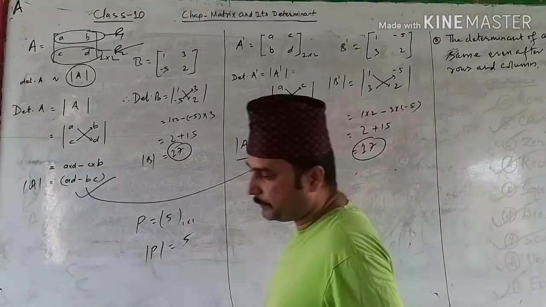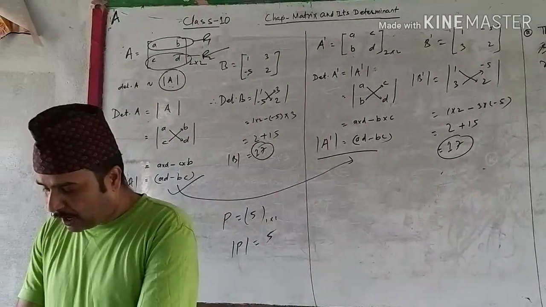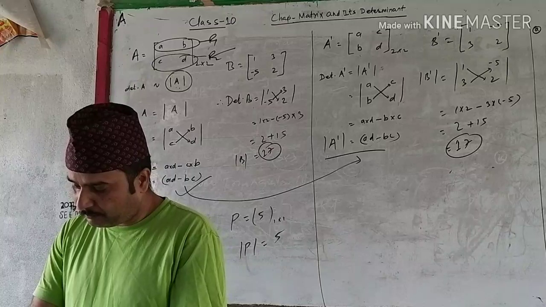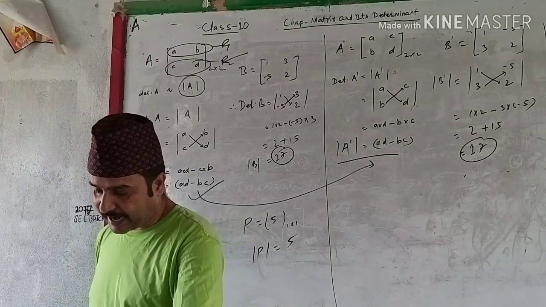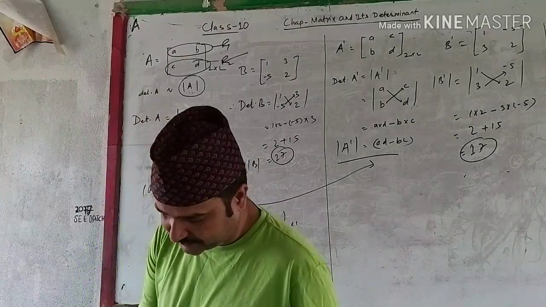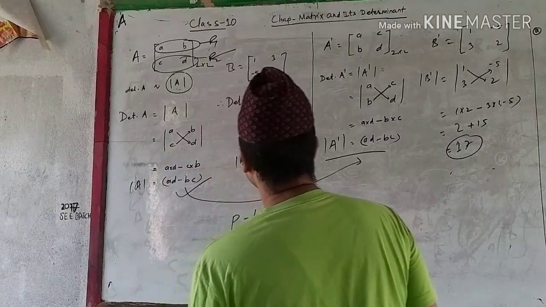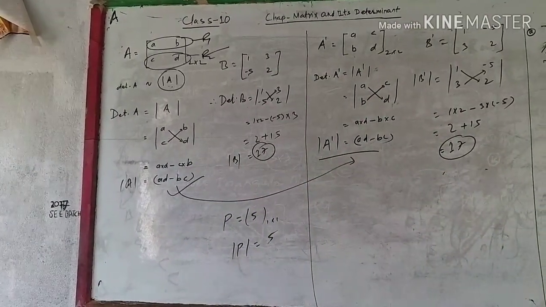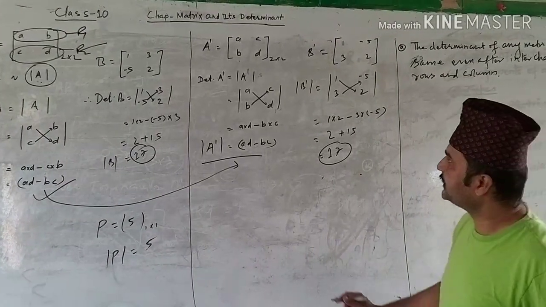So let's go for the next property. If the rows or the columns of a determinant are interchanged, then the sign of the determinant is changed. Now, what does it mean? Let's take the next example.